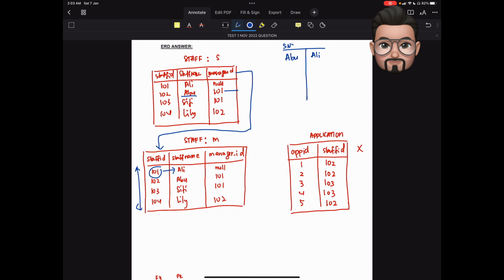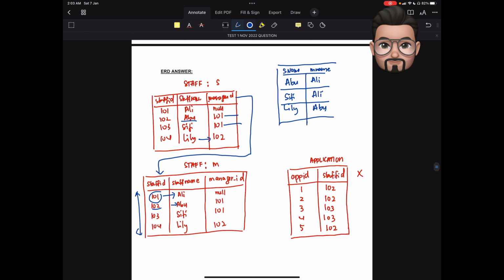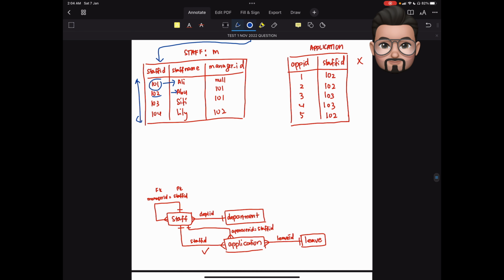This is the staff name and this is the manager's name. Then we have 101 also over here. Who is 101? Ali. So for Siti, the manager is also Ali. And the last one, Lily, 102. 102 is Abu. So for Lily, the manager is Abu. Now we have all the staff and all their managers' names. But what do we want to display?